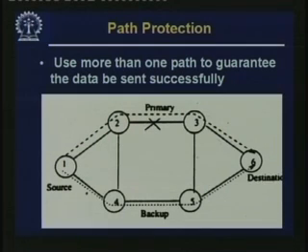So, we will channel our communication through the backup link, and please note that this backup or secondary path from the source to the destination is link disjoint. That means it does not share any link with the primary path. So, that is a requirement, so that if any link in the primary path fails, assuming only one failure, the backup path is all intact and you can switch to it for this particular communication.